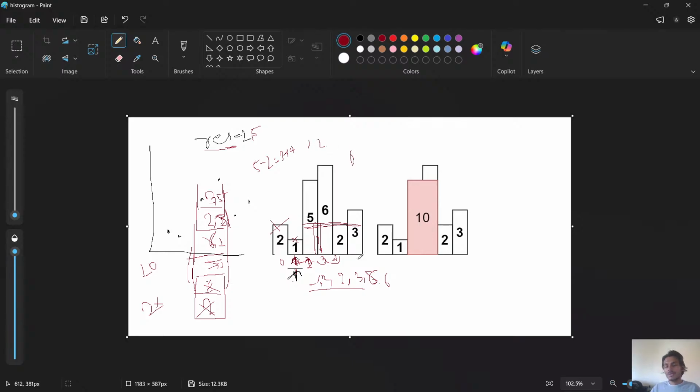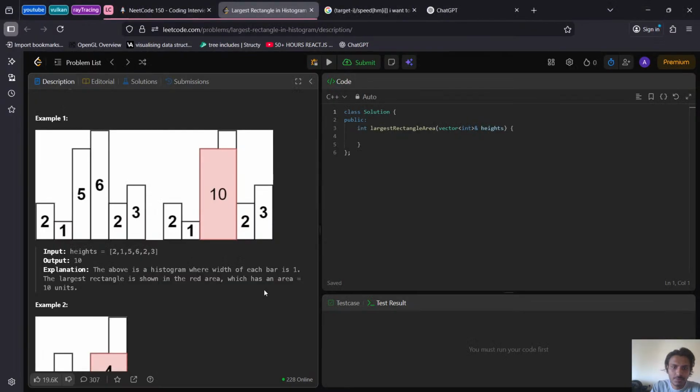So okay, let's do this, the logic that we currently implemented, and let's try to implement this one. Let's get a stack of int as a stack.